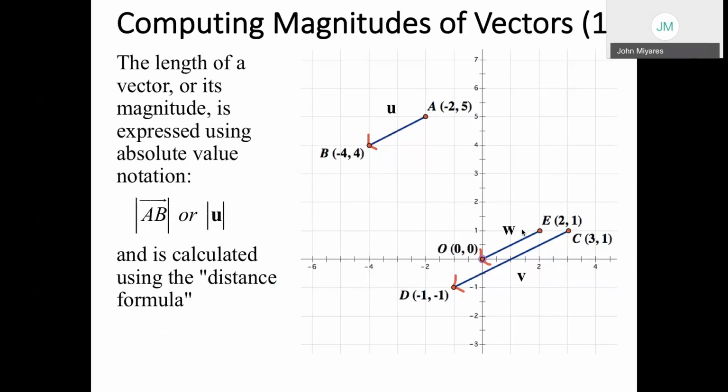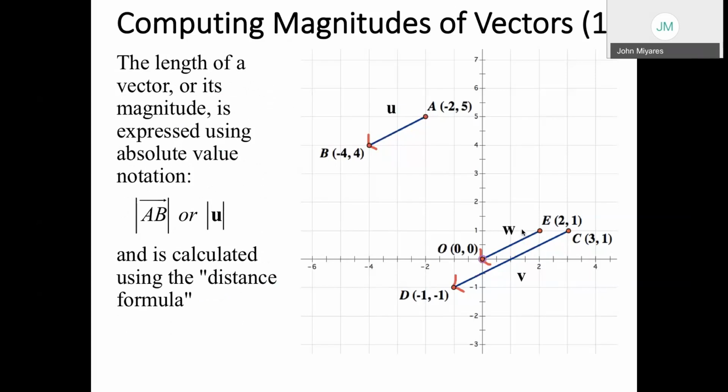The length of a vector, or its magnitude, is expressed using absolute value notation. So we could write what looks like the absolute value of vector AB or the absolute value of vector U. We would calculate the length of this vector or its magnitude by using the distance formula.